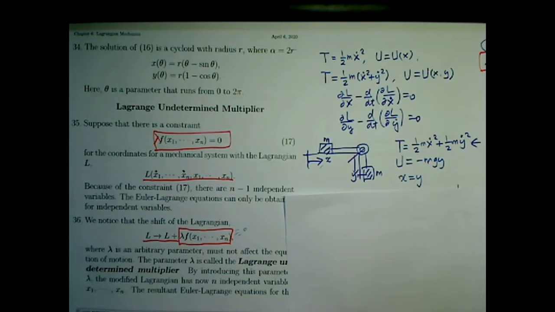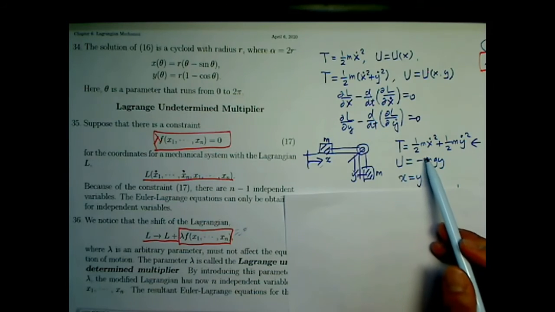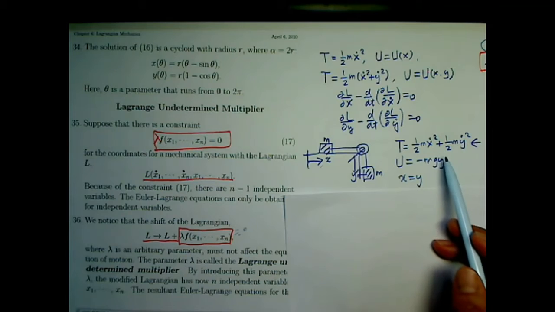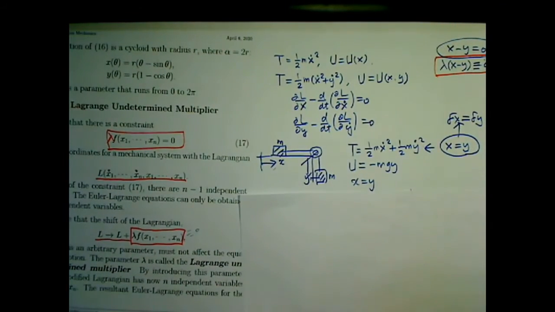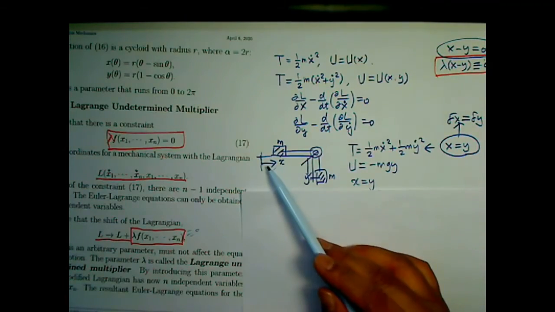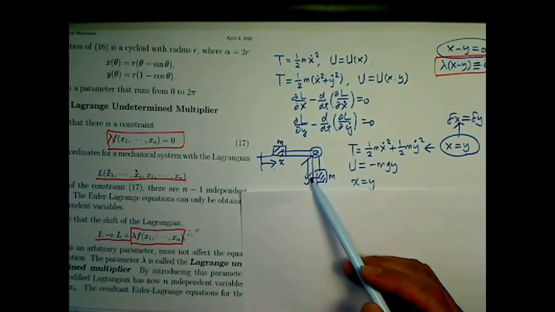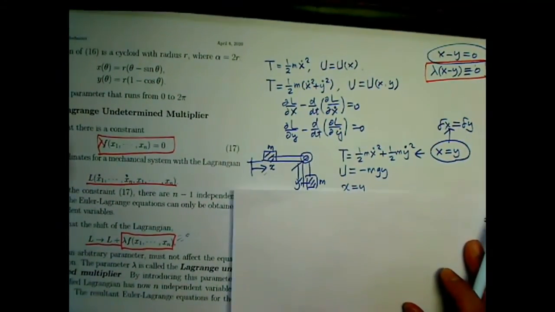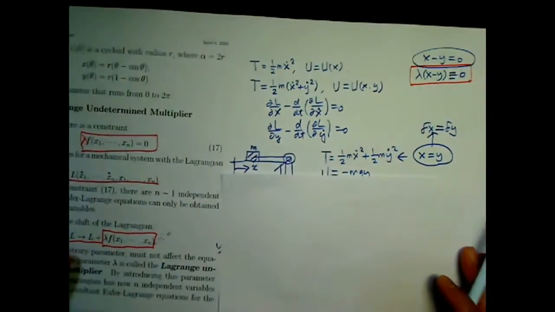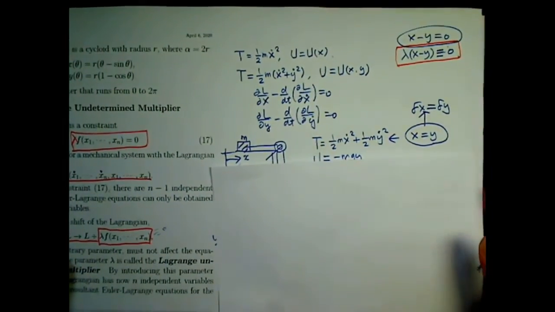The kinetic energy of the two particles will be 1/2 m x dot squared and 1/2 m y dot squared. Because they are connected by an inextensible string, this distance x and this distance y must be the same. Therefore, we have a constraint that x minus y equals 0.